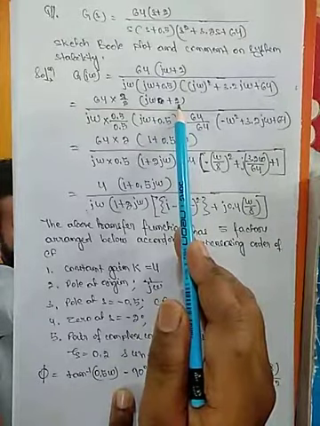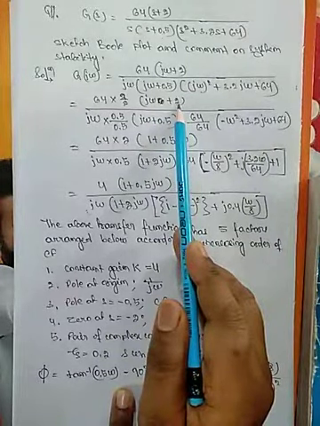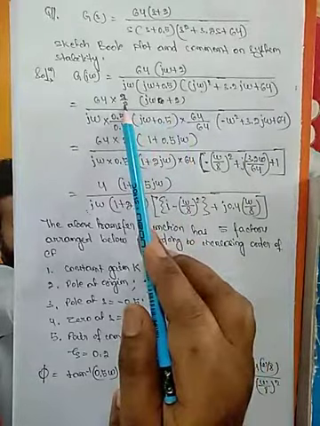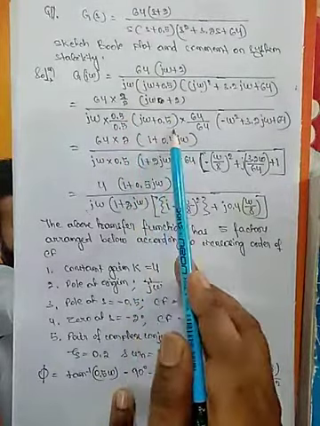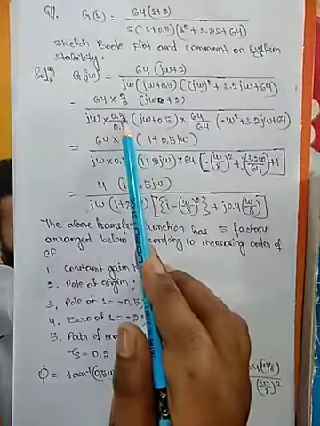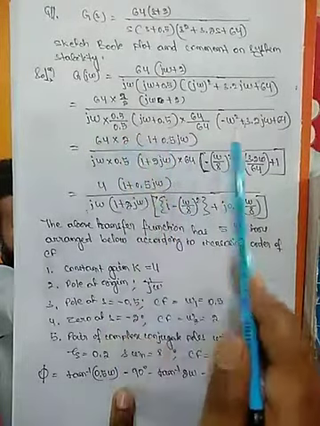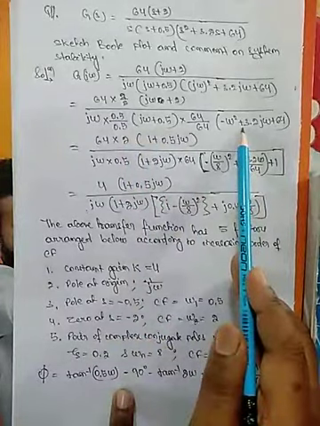For bringing it to 1 plus j omega T form, I multiply and divide 2 on the numerator factor, for this factor multiply and divide 0.5, and here multiply and divide 64.